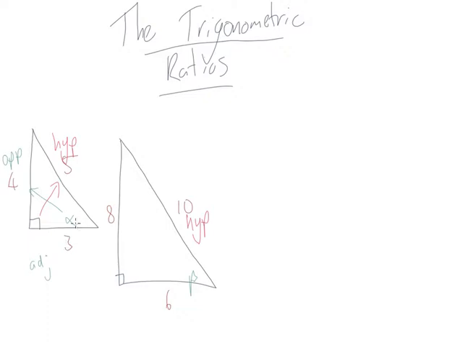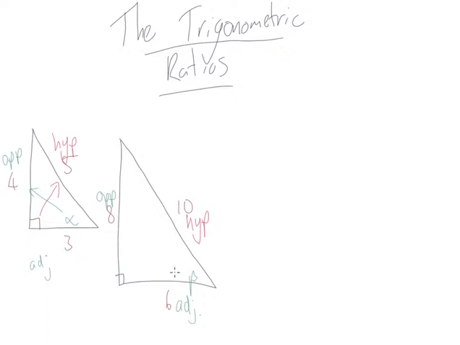So my adjacent's next to my angle. Similarly here with beta, next to beta, well, it can't be the hypotenuse, so it's going to be this side. Here's the adjacent, the side next to beta. And this is going to be my opposite side of the triangle to beta.